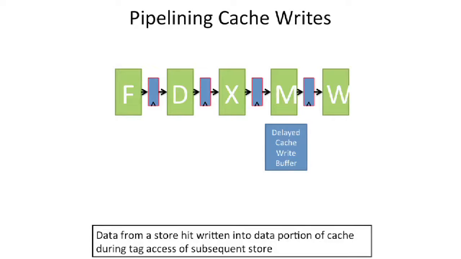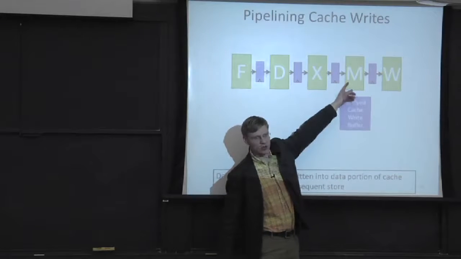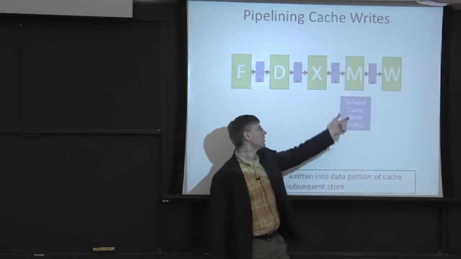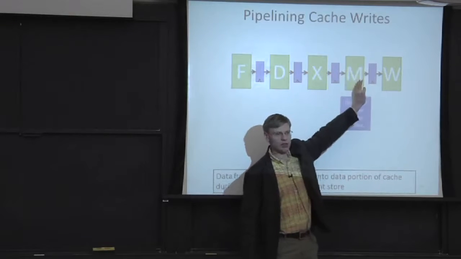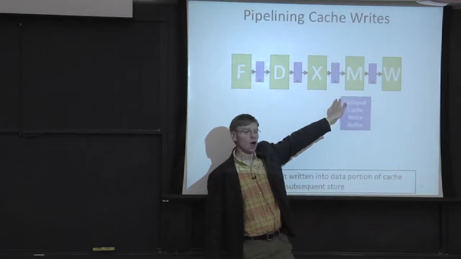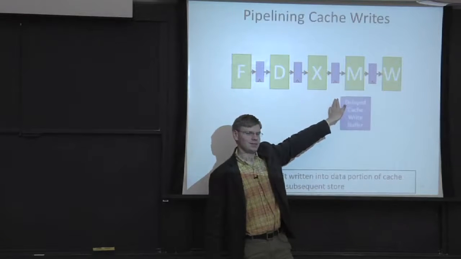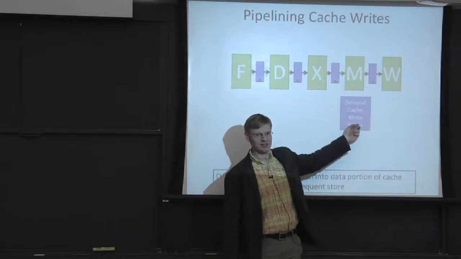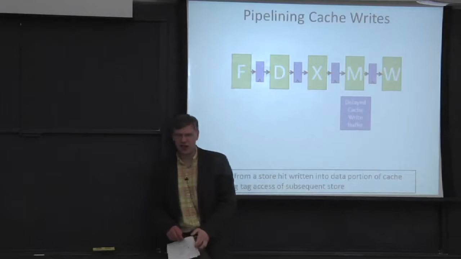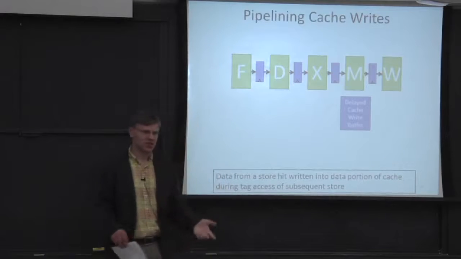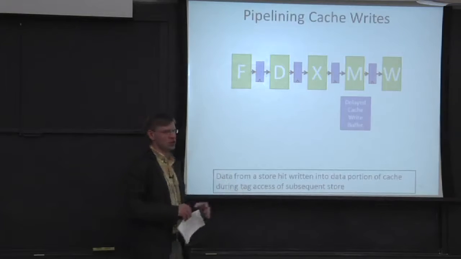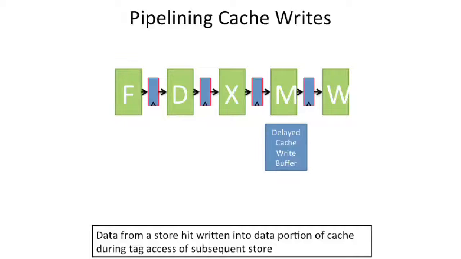And what we're going to do is when we get to the M stage for a write, we're going to check the tag, and we're not going to fire up the data array at all. Now you might say, where do you put the data? Well, we put a nice little buffer here, which is basically a to-be-stored buffer. It stores the data that's going to be stored in the future, or a delayed cache write buffer is what we'll call this.